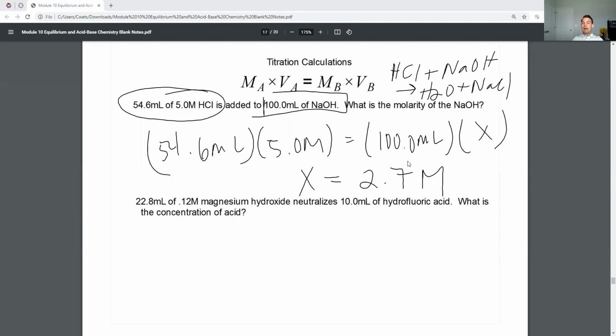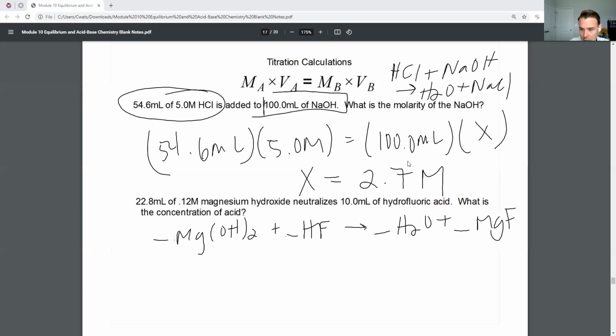You will not always have a 1-to-1 relationship when you're doing this. For example, in the next one, you've got magnesium hydroxide reacting with hydrofluoric acid to give me H2O and magnesium fluoride. So that's a 2, and this is a 2.